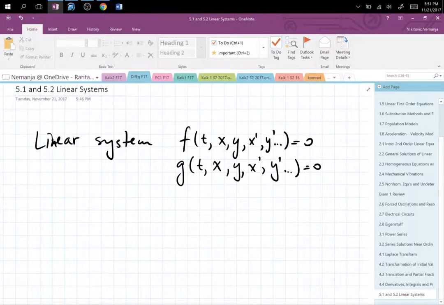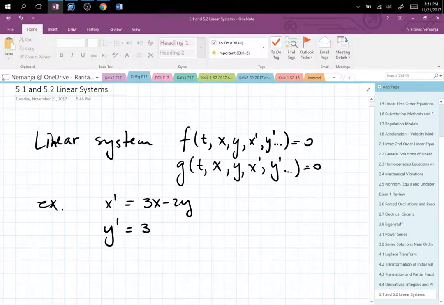I'm just going to give you a very quick example. We're not solving this, it's just an example to see what they look like. So let's say you have x prime is equal to 3x minus 2y, and then y prime is equal to x plus 5y, whatever.